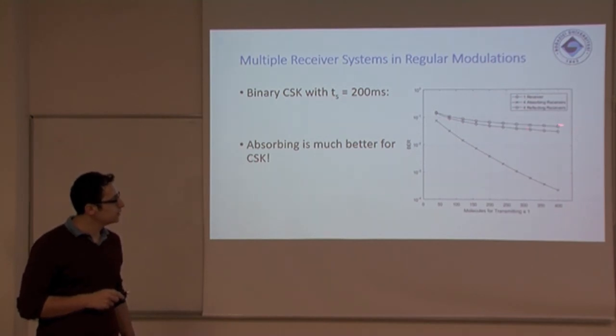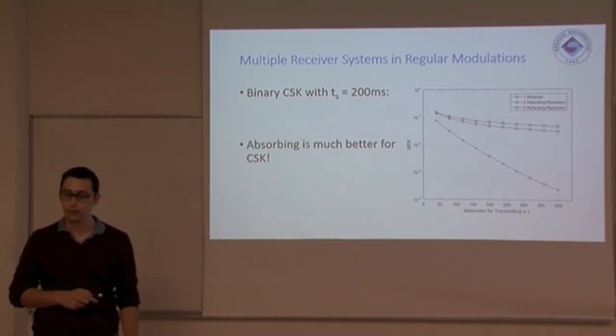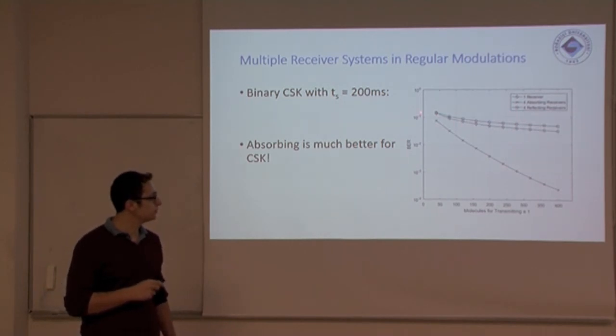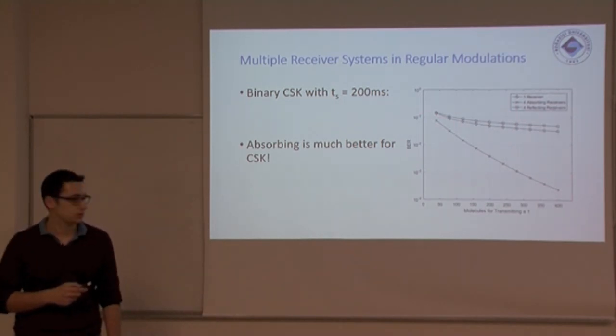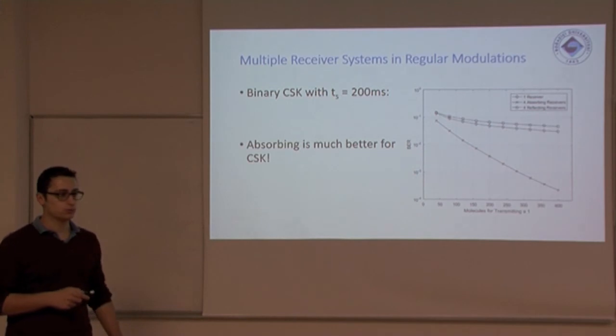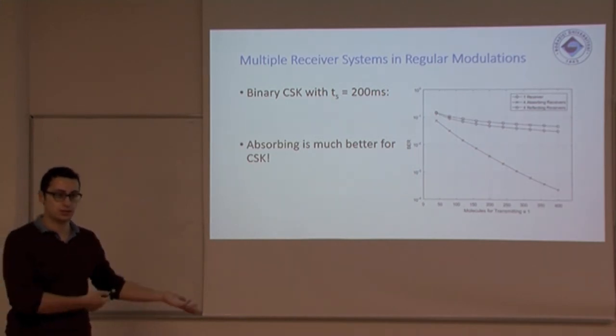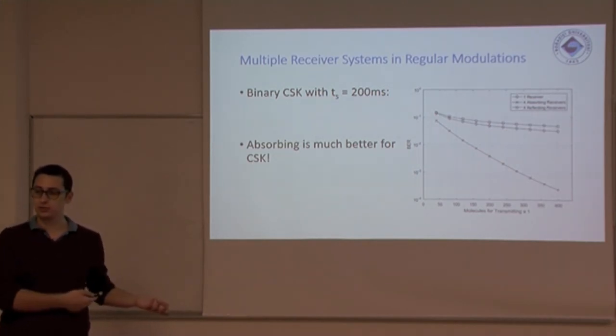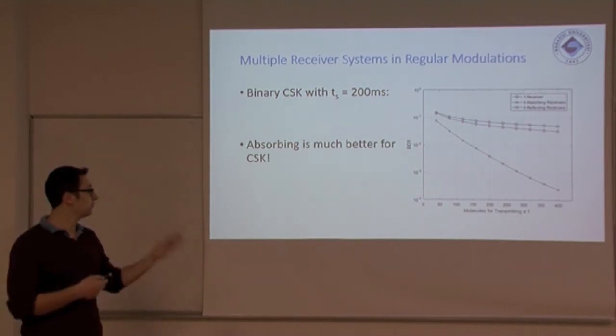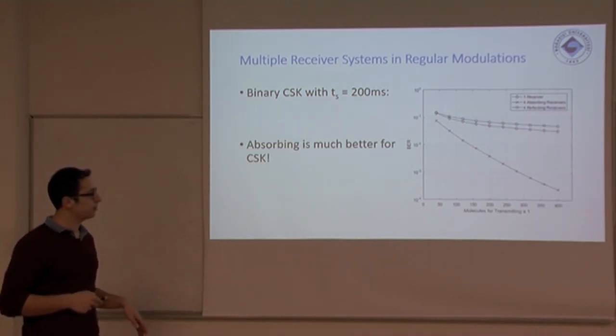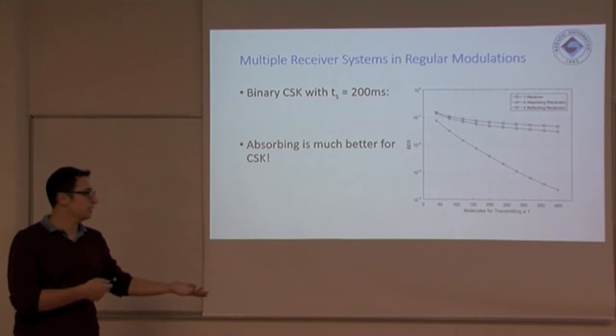The reflecting receiver scenario is slightly worse, but the absorbing receiver scenario is much better, as you can see. This is pretty good, actually. This is good for CSK. This is good for multiple receivers nano communications if you're trying to do it with CSK, I guess.